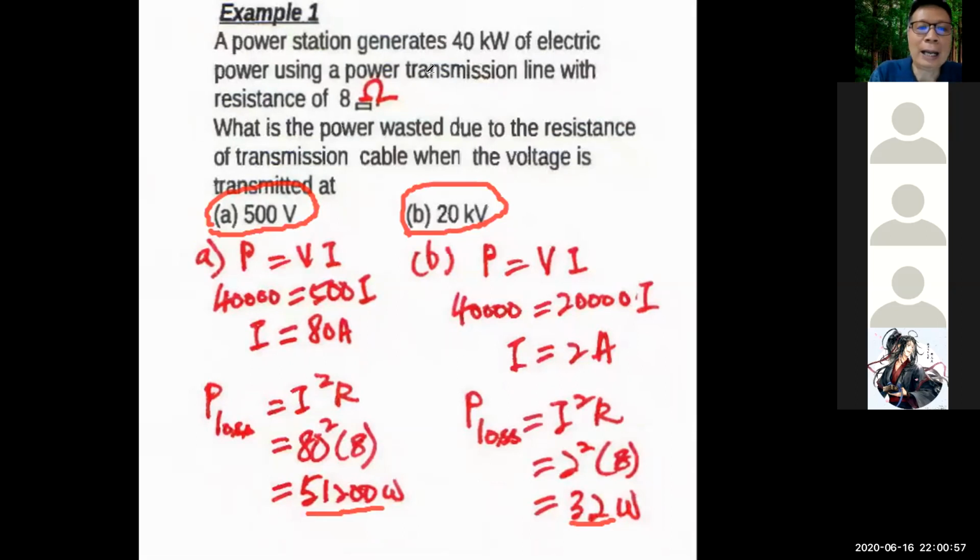Okay, now I want to ask a little bit of questions so that I see whether you really understand or not. Now come back to the transmission system. Sinh Yin, are you there? Can you tell me, in the transmission system, the power station generates the current in how many watt? 25K.